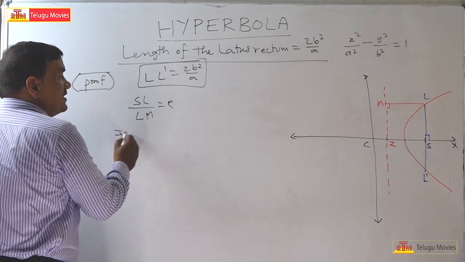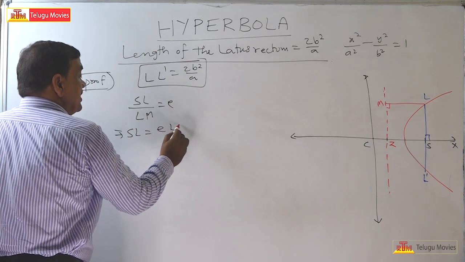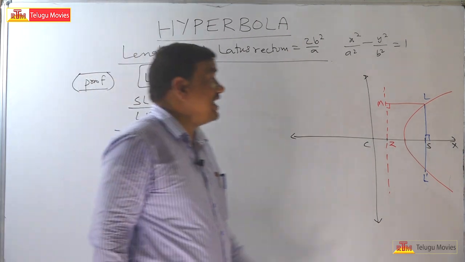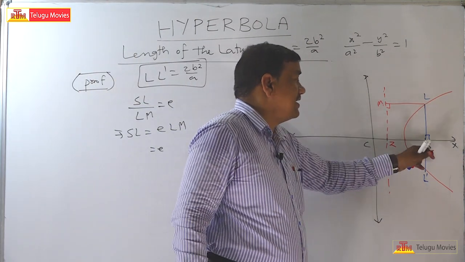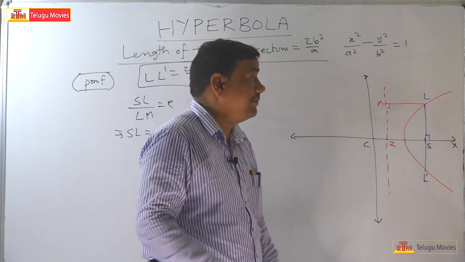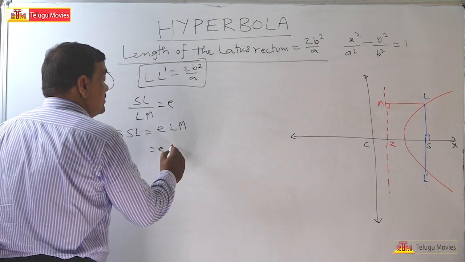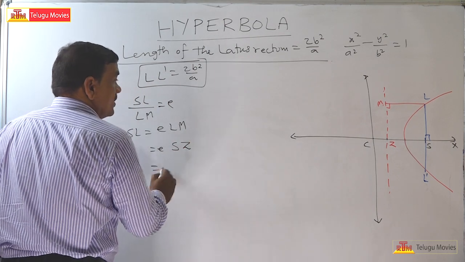So this implies SL is equal to E times LM, cross multiplication. From the diagram, LM and SZ both are same. LM is equal to SZ.